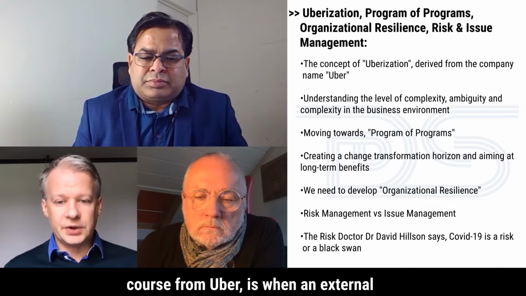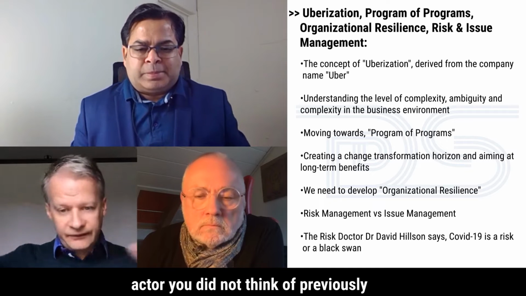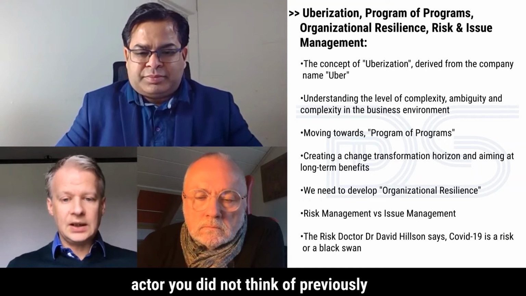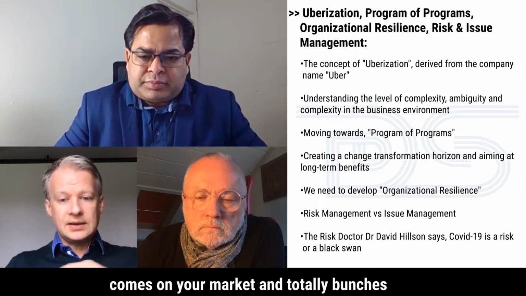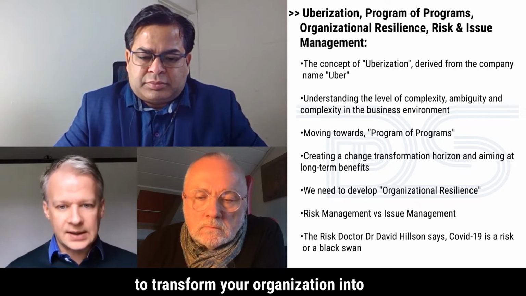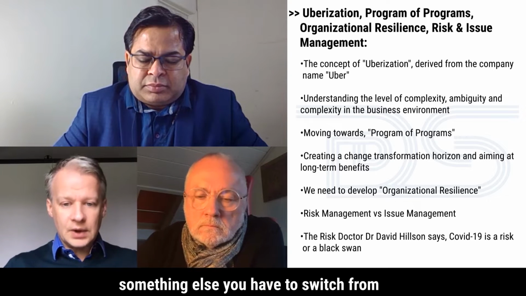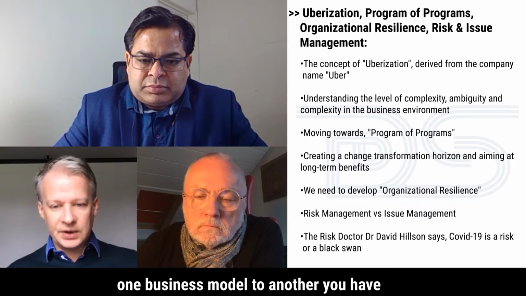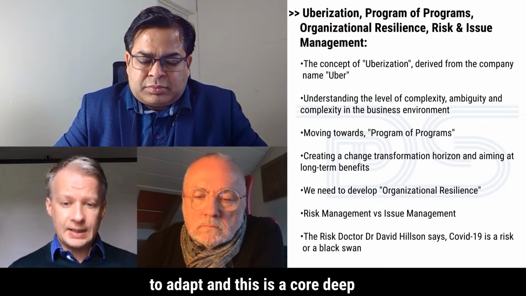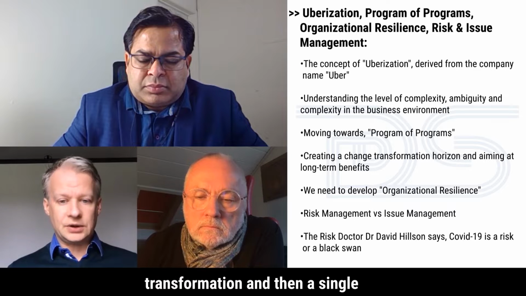Uberization, coming of course from Uber, is when an external actor you did not think of previously comes on your market and totally upends your business model. Then you have to transform your organization into something else. You have to switch from one business model to another. You have to adapt. And this is a core deep transformation.